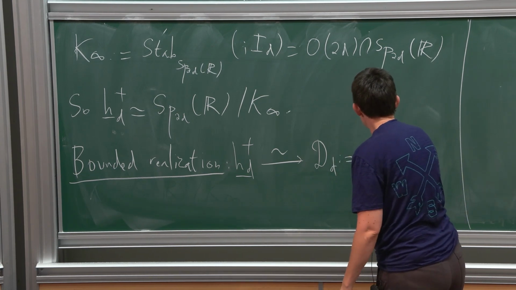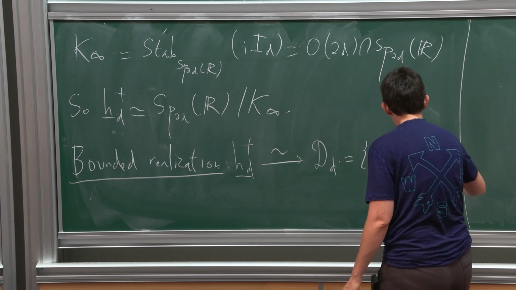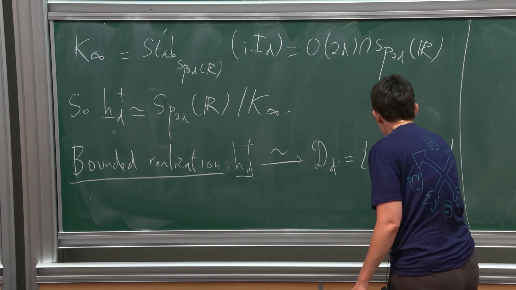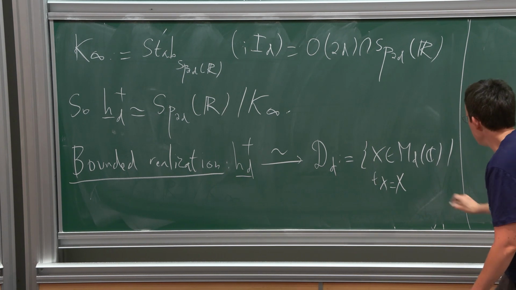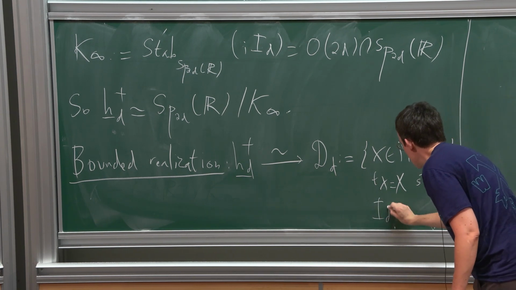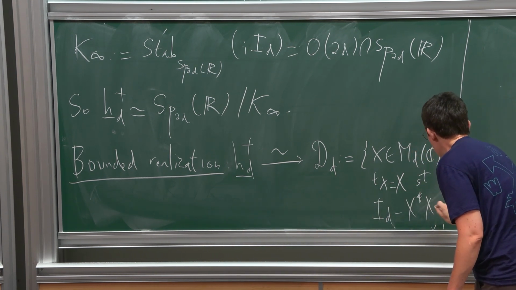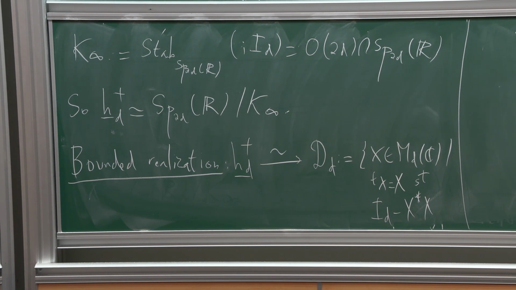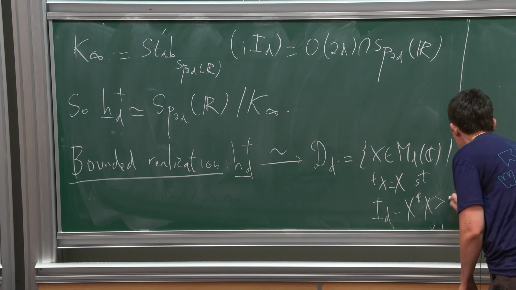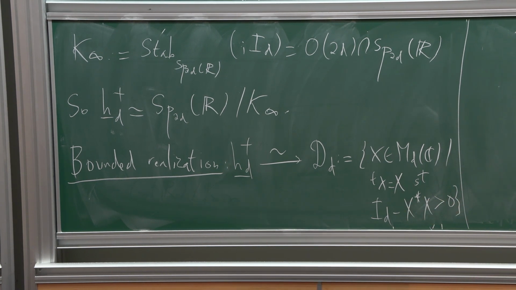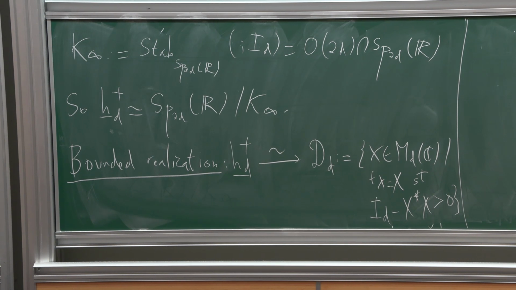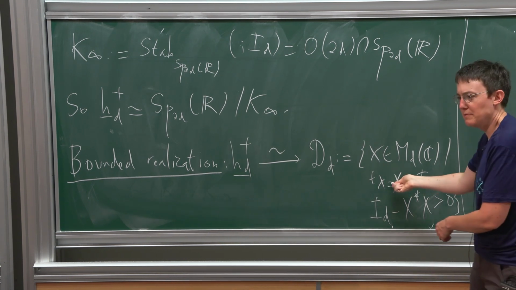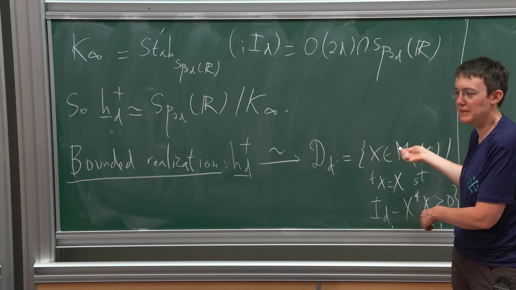This is the set of symmetric matrices in M_d of C such that identity minus x star x is positive definite. So this is still an open subset of the finite dimensional C vector space of symmetric matrices, but now it's bounded.